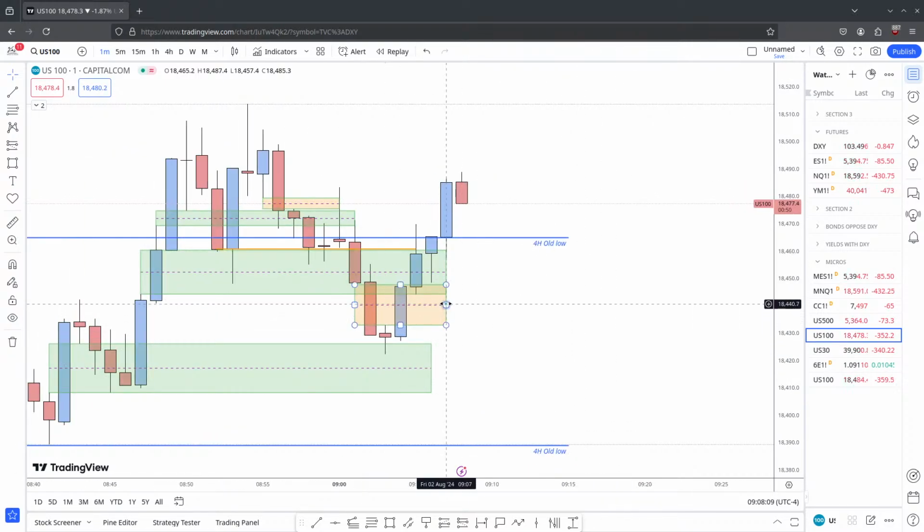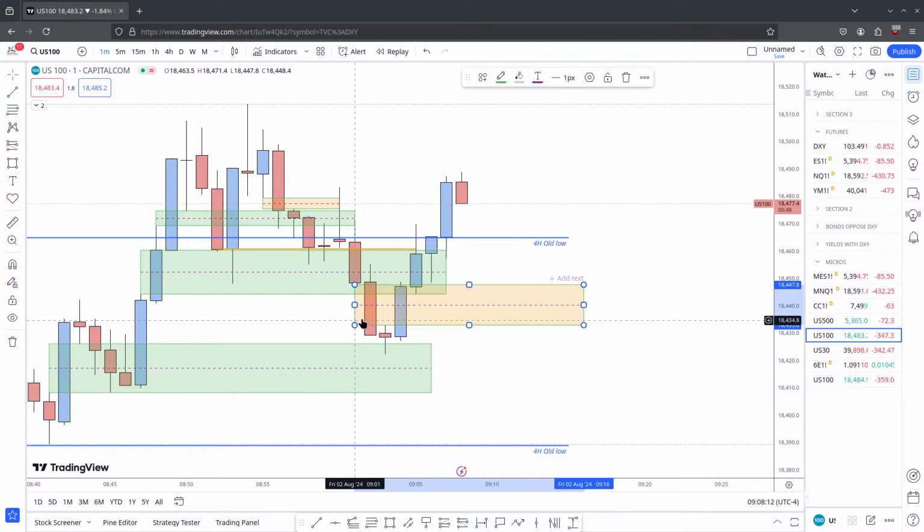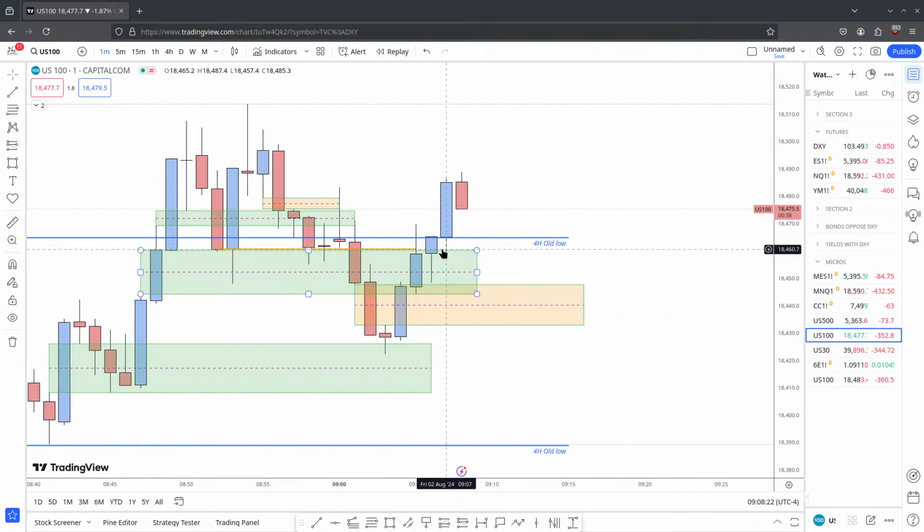So now we have traded above this, which now would be an inversion. This would be inverted as well. Already rejected that. Put it into it.